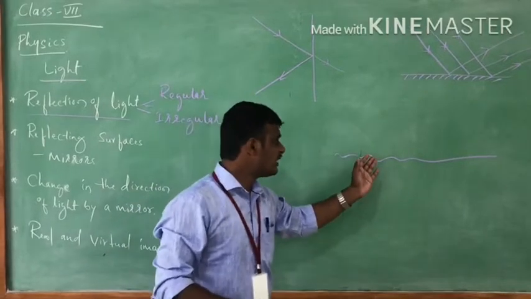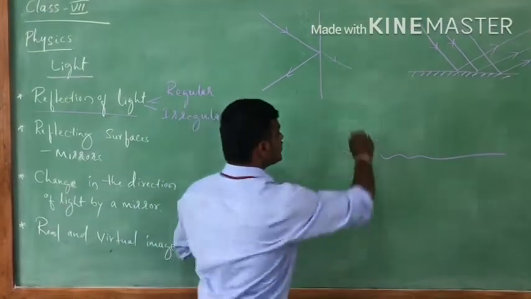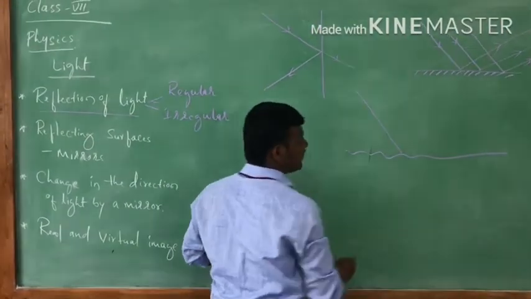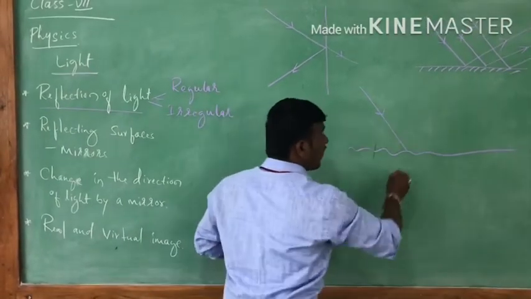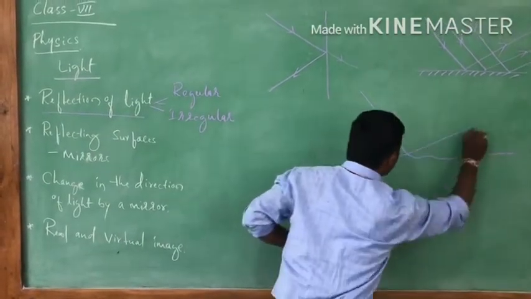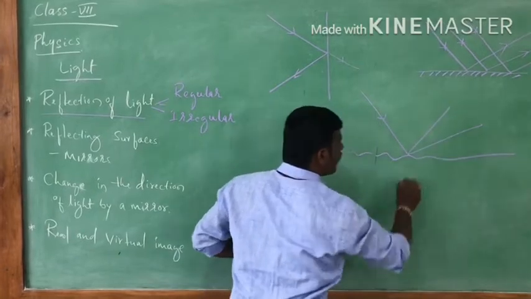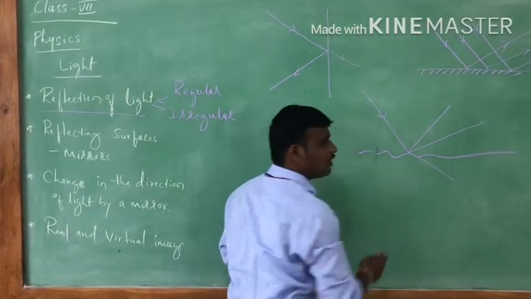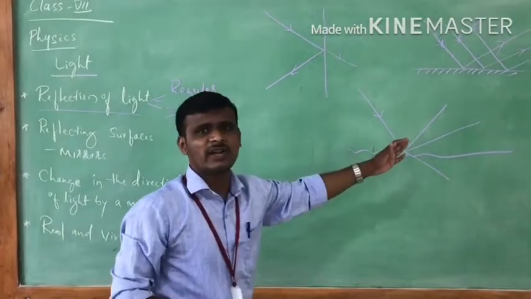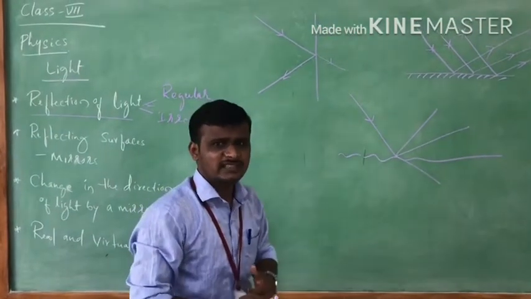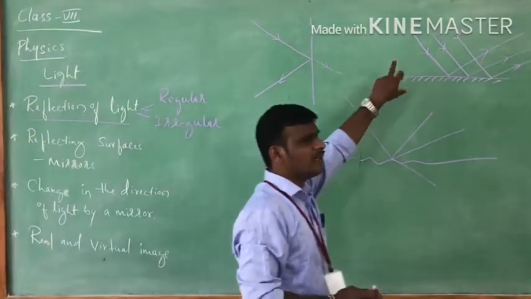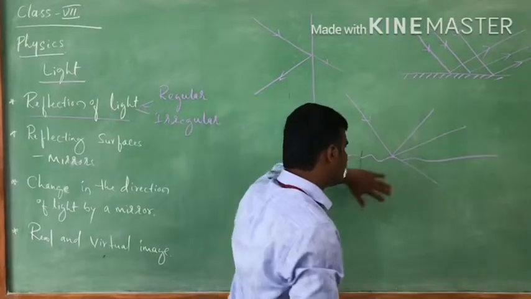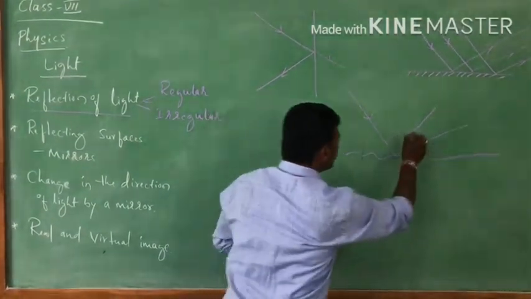Here the reflected ray may go to any side. This is the incident ray. After striking the surface, it will go like this, or like this, or like this. We cannot predict. That's why it is called irregular reflection of light. So first we learned regular reflection of light, and another, irregular reflection of light.